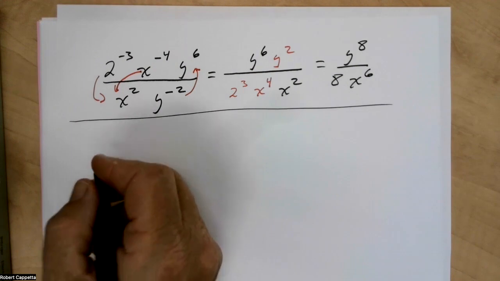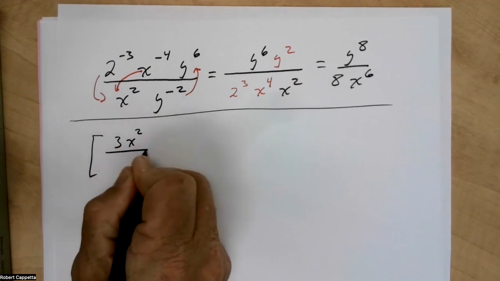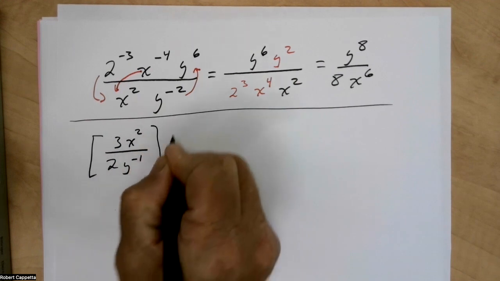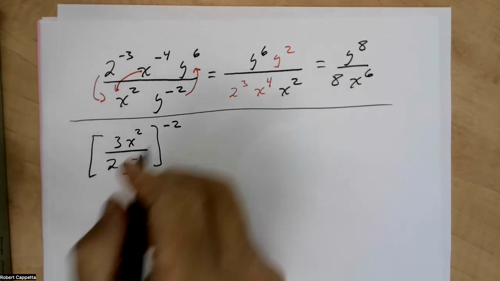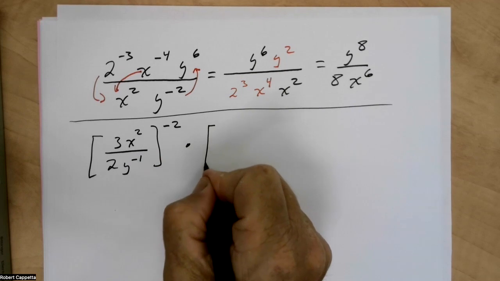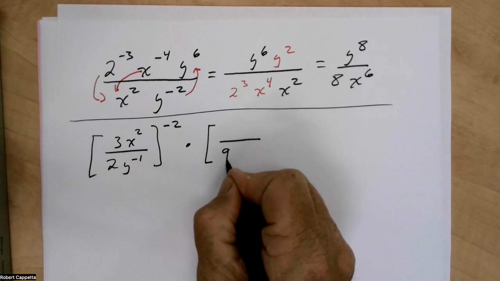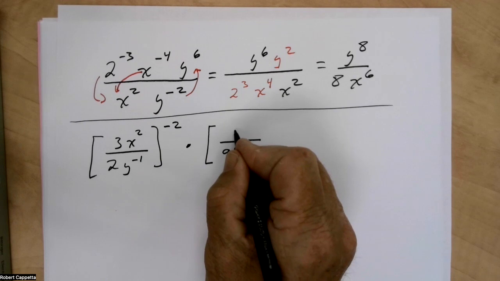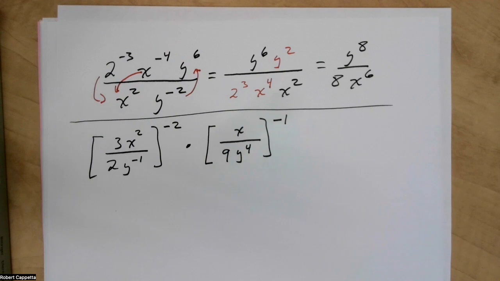So let's try something like this: 3x squared over 2y to the negative 1, all raised to the negative 2, times 9 over y to the fourth x, all raised to the negative 1. So we're going to multiply these two things together and see what we get.